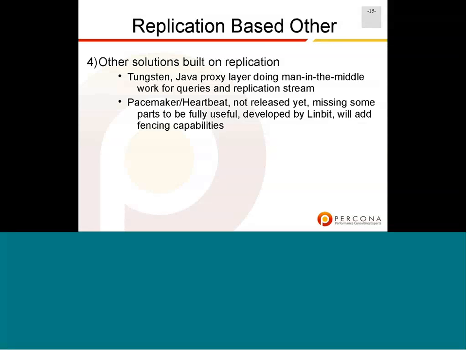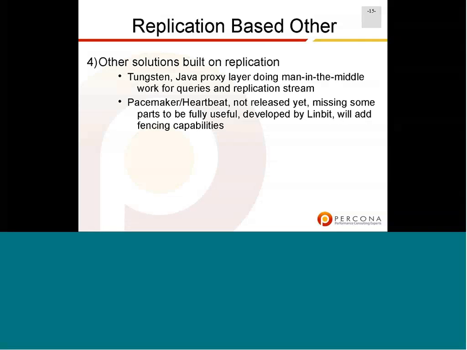It's fairly good. It does not require VIPs because it knows where to connect from the Java layer. So it's interesting for a situation like on EC2 where you cannot have VIPs.